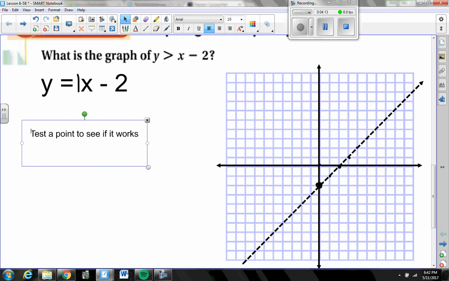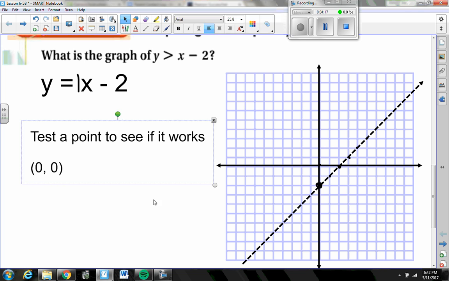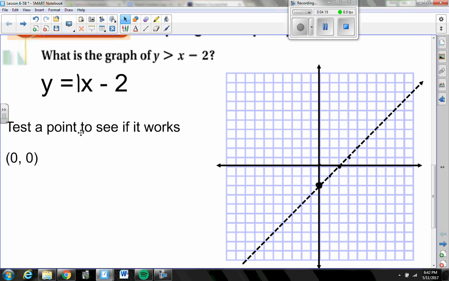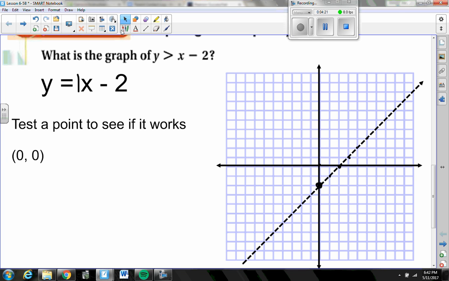The point I always like to use is 0, 0, because I think it's the easiest point to plug in for x and y. If it works, I'm going to shade this side of the line. If it doesn't work, I'm going to shade the other side.